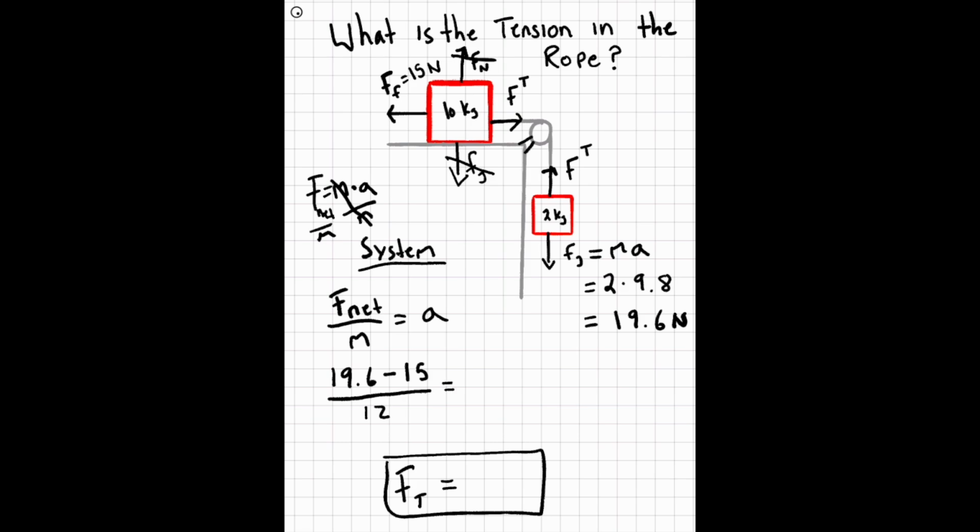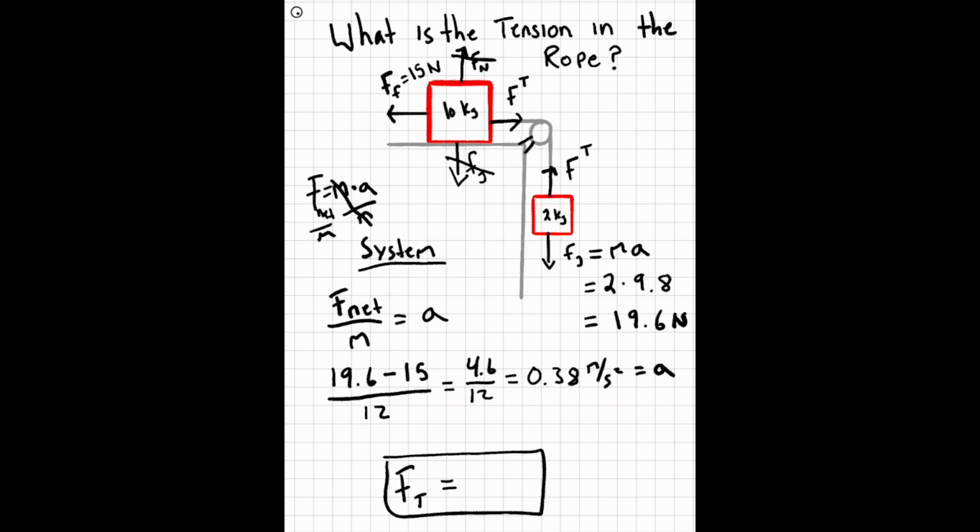All right, so do some quick calculations here. 19.6 minus 15 is 4.6, and 4.6 divided by 12 is 0.383 repeating. So we'll leave it here at 0.38 meters per second squared. It's going to be equal to our acceleration.